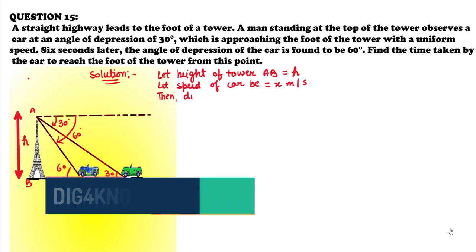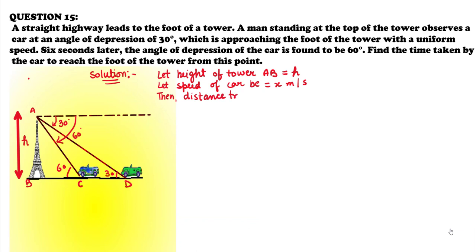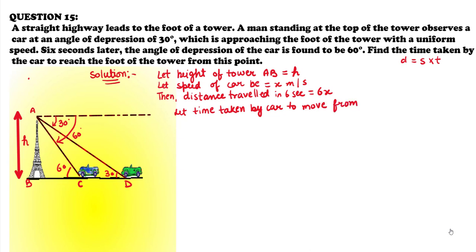It will be 6 multiplied by x, because distance is speed multiplied by time. So let the time taken by the car to move from C to B be t seconds. Then the distance BC will be x multiplied by t.